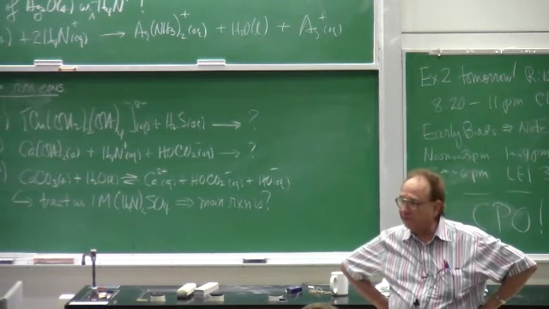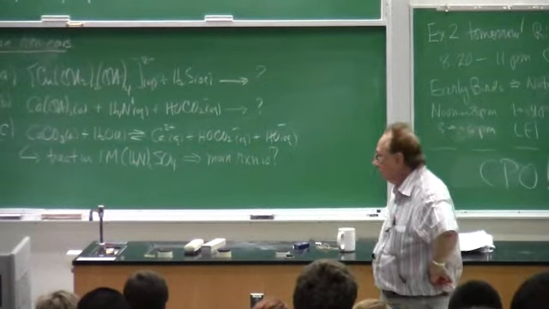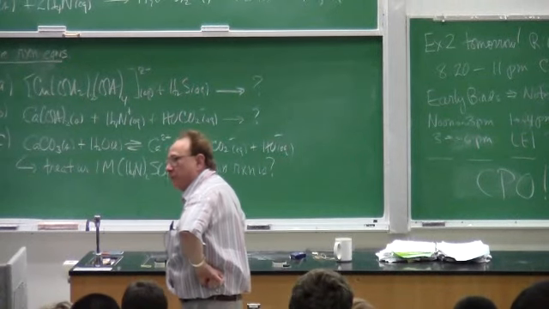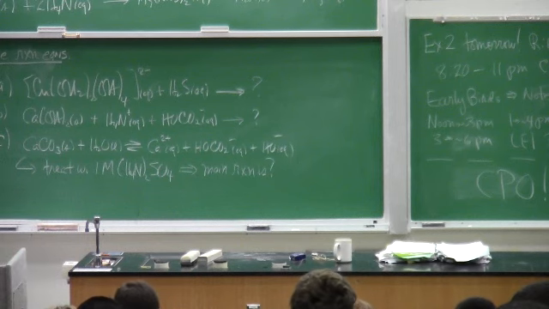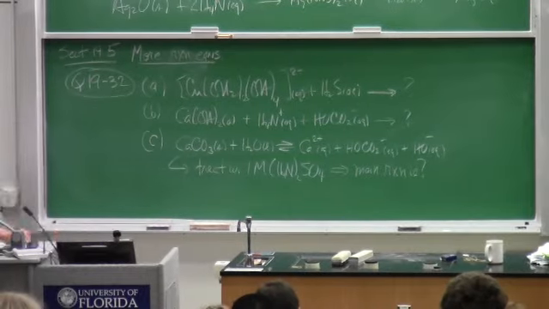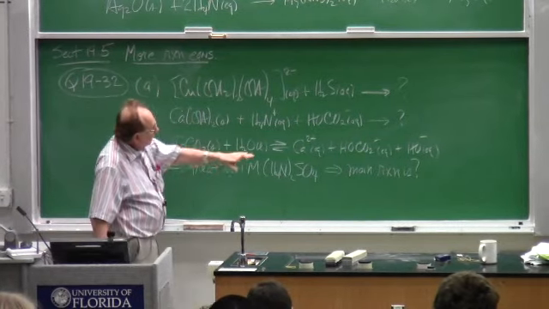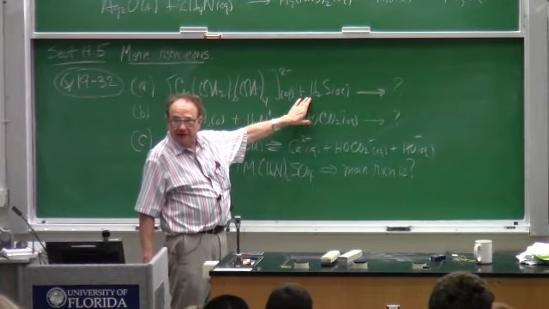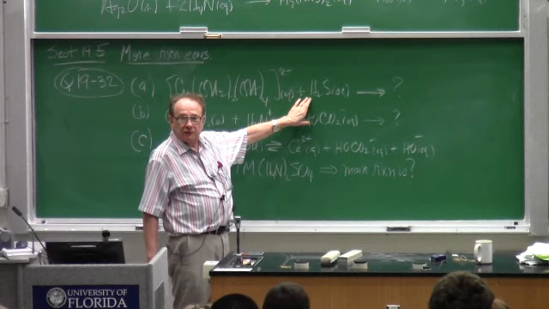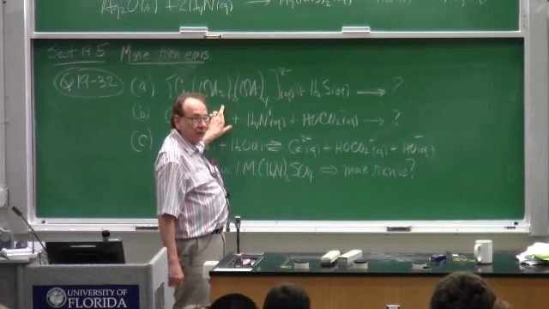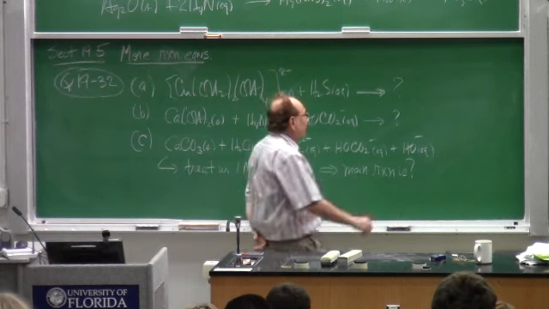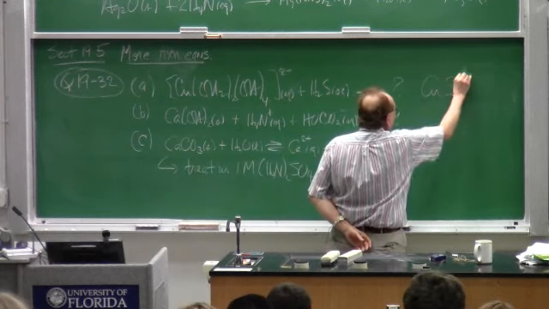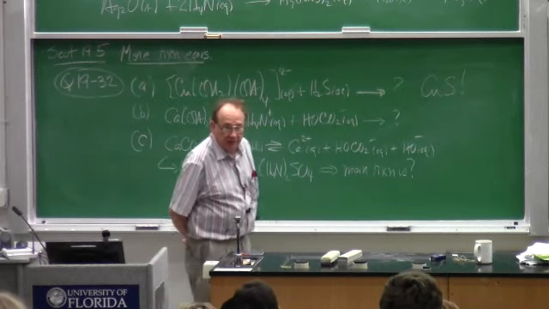Copper sulfide's very stable stuff. So if I put H2S in this system, which is quite basic, you think I will be providing a good source of sulfide ion? Because hydroxide ion will effectively deprotonate this thing, don't you think? And if copper sulfide is a lot more stable than this, what do you think the principal product is of this reaction? Copper sulfide. Boom. You can now write the reaction equation.